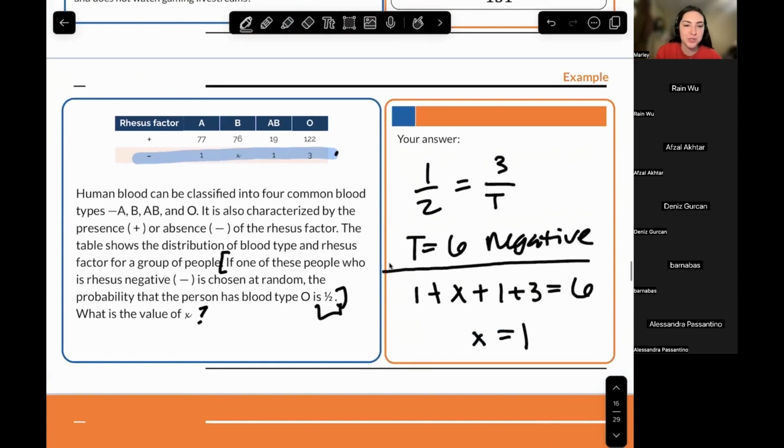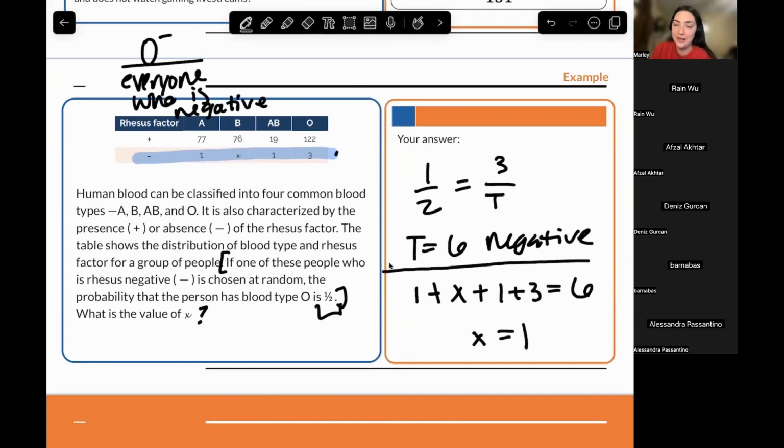How did I set up the proportion? So they said if one of the people who is negative, so that means my denominator has to be everyone who is negative, is chosen at random, the probability that the person has type O, so they have to be O negative. That has to be our numerator.